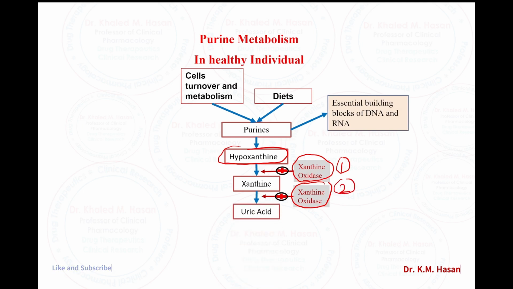Now we have uric acid, which is considered a strong antioxidant. Uric acid will be eliminated in the urine. This is a healthy subject. You can see we have our targets 1 and 2, xanthine oxidase, abbreviated XO, which stands for xanthine oxidase. We need to remember this abbreviation for the treatment application.